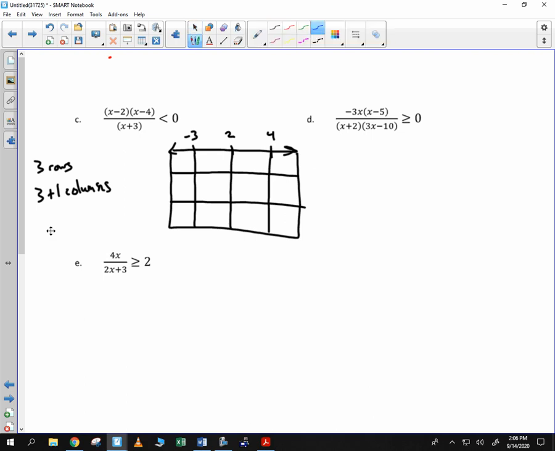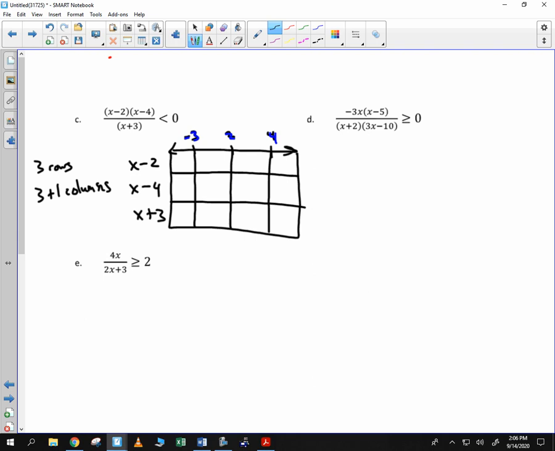I know that the numbers -3, +2, and +4 give me either 0 in the numerator or 0 in the denominator. But what about the numbers in between? Let's test them. On this side over here, I put x minus 2, x minus 4, and x plus 3.